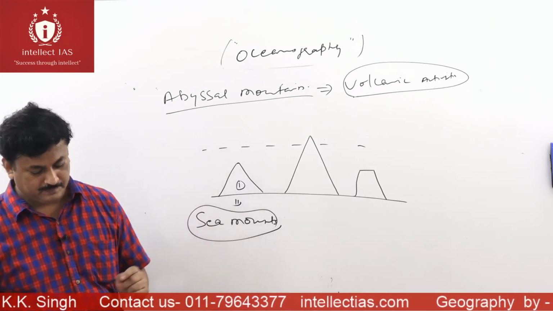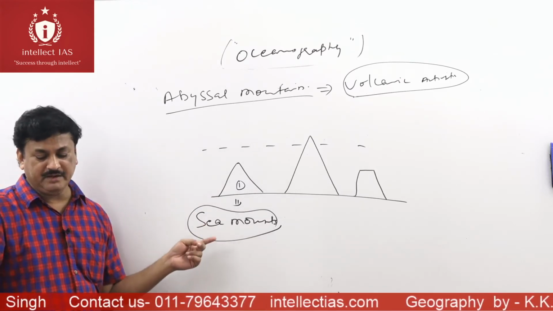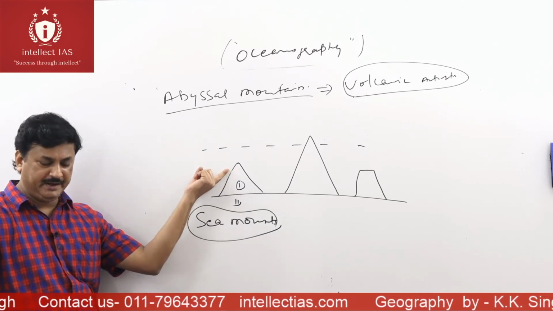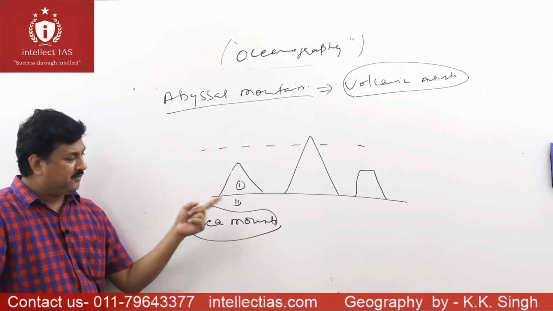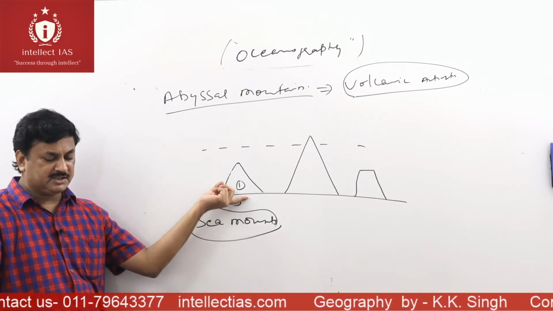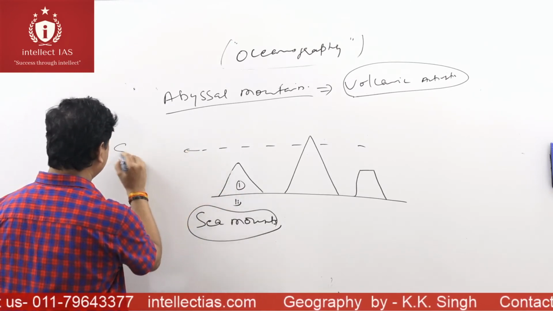Okay? Seamount is what? It is a mountain with pointed summit. Okay? Top is what? Pointed. Steep slope. Okay? Rising from the sea floor and does not reach the surface of the ocean. This is the surface of the ocean.